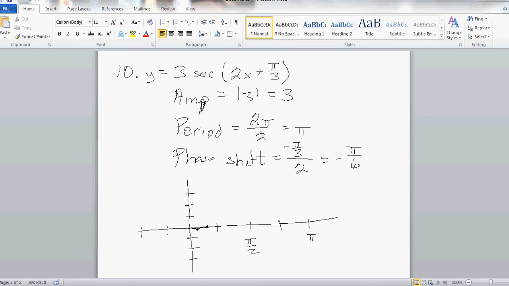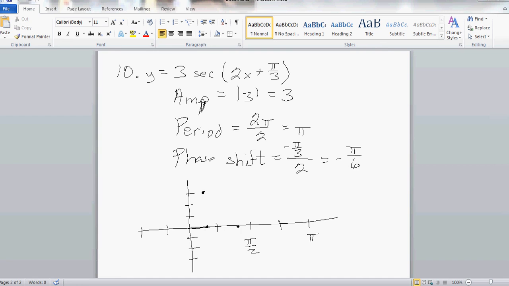pi over 4. Now this is the mark, but we have to realize we're talking cosine, because secant is the reciprocal of cosine. And since there's no negative, there's no need to reflect it over the x-axis, so normally we start at the upper end. And so we'd get that point there. Now realize we're dealing 2/3 through each mark.